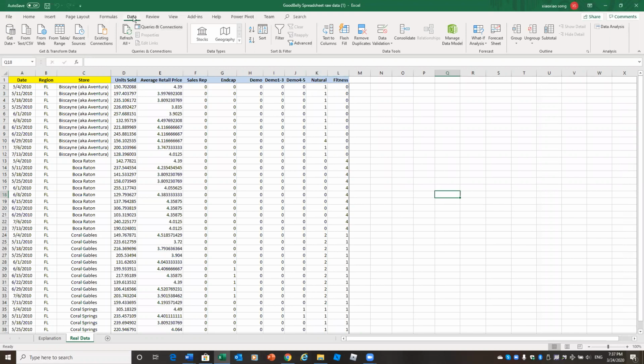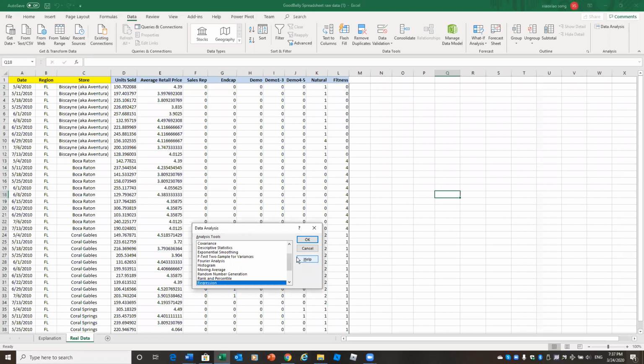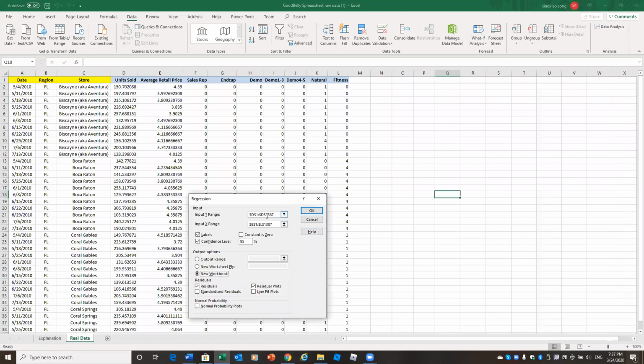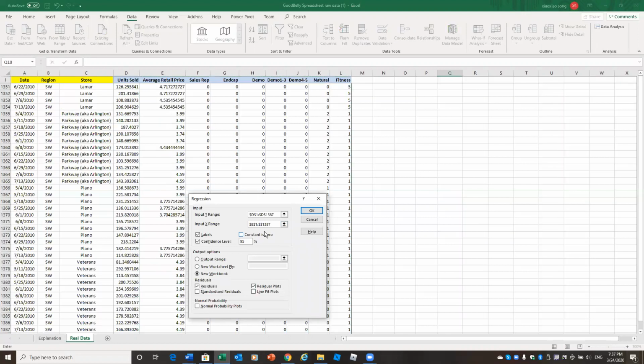I go to Data, Data Analysis, Regression. My Y is still D1 to D1387, but now, from E, instead of going to L, I just stop at J.